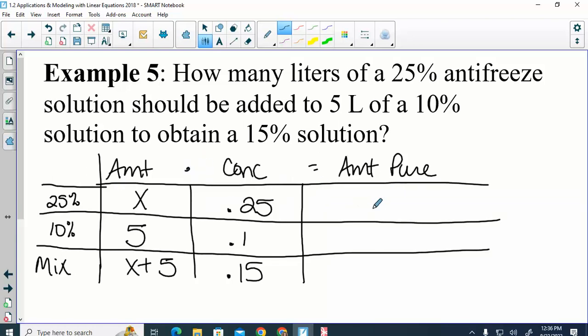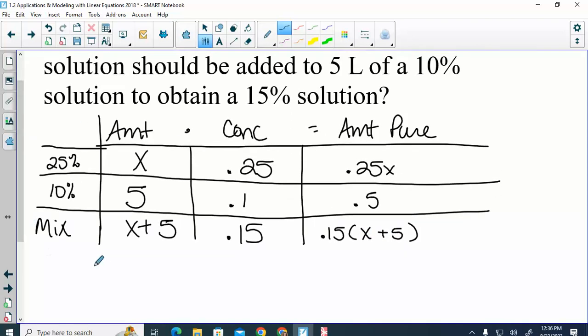And then we just have to follow the formula. We multiply. So x times 0.25, 0.25x. 5 times 0.1, 0.5. 0.15 times x plus 5. And then how do we write the equation from here? Put 0.25x plus 0.5 equals 0.15 times x plus 5.